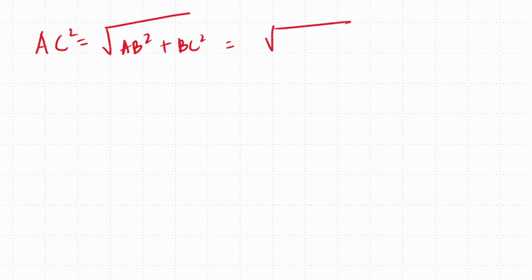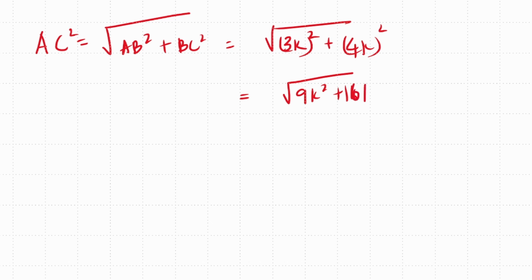So you'll use the Pythagoras theorem over here to find AC, the hypotenuse, right? So AC square is nothing but AB square plus BC square, and AB square is 3K whole square plus 4K whole square, that is 9K square plus 16K square.